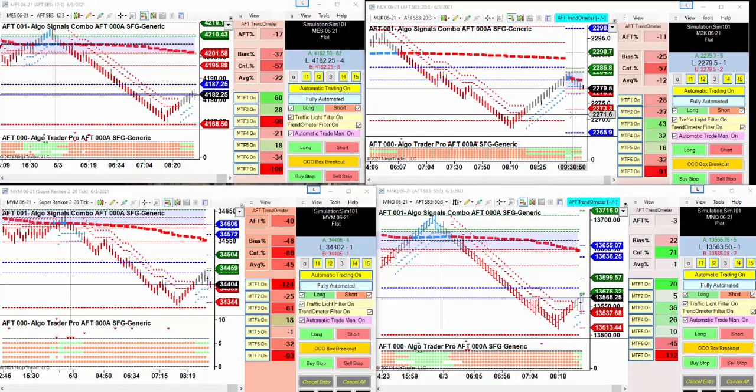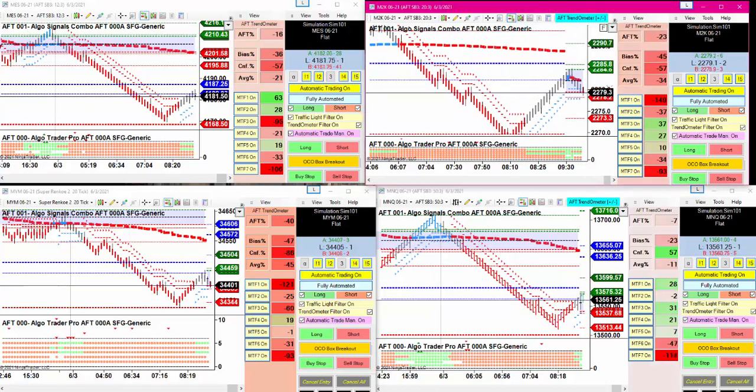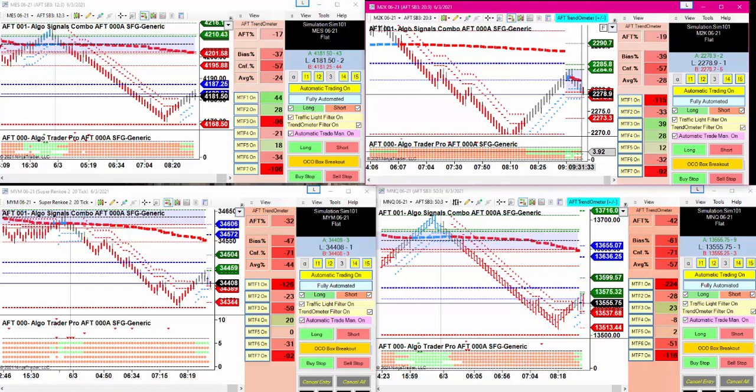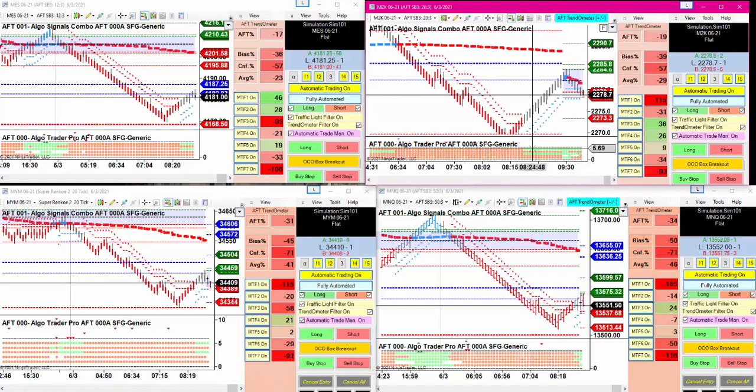Here's its opening range, that blue shaded area, and it's starting to break down. AFT is at minus 17 at the moment, so we need to see that more negative, below minus 50, for the system to consider taking a short trade. The traffic light filter is not clear either. That has not lined up.